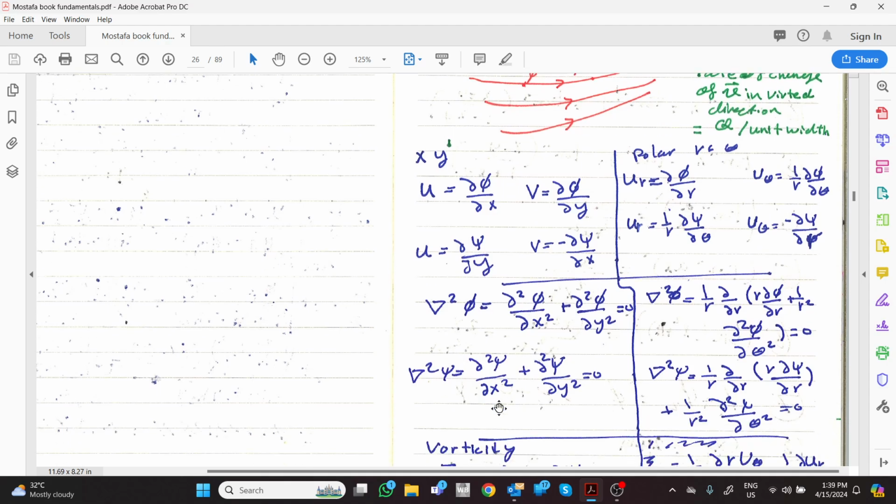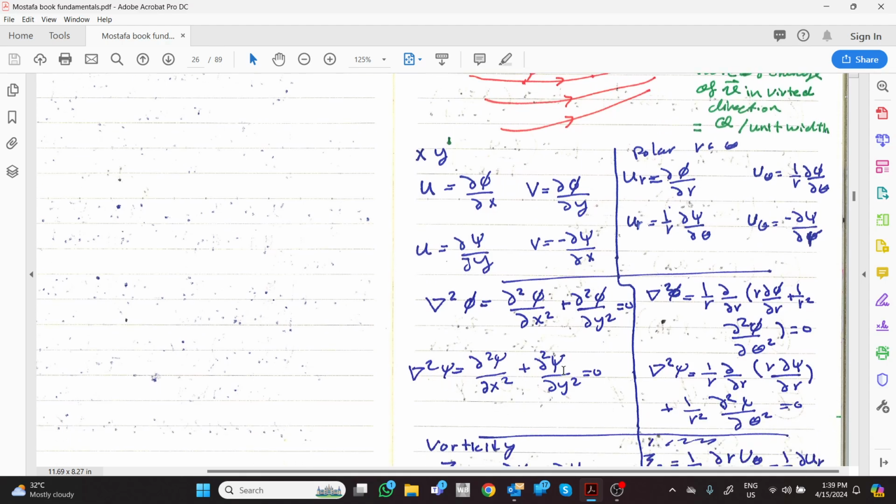Same concept for psi. Why is it in relation to continuity? Del u by del x plus del v by del y equals what? Equals 0.